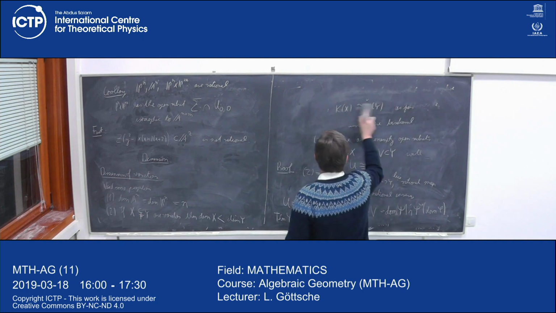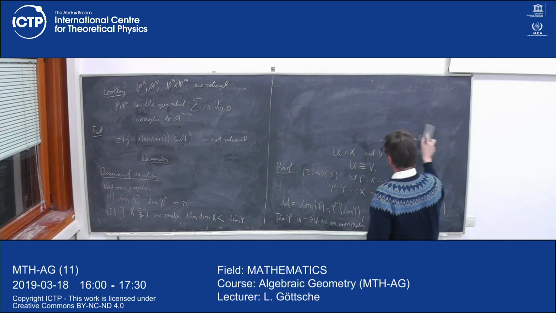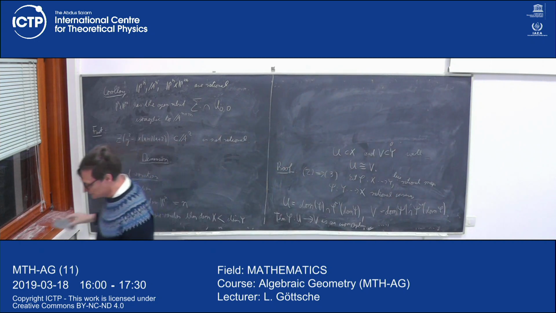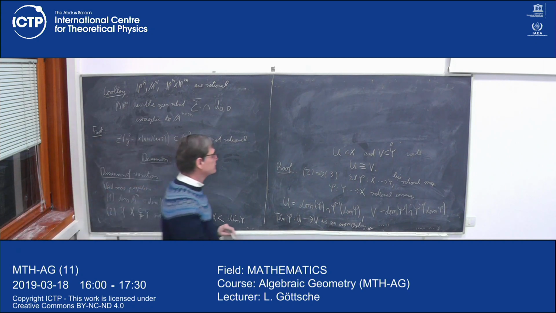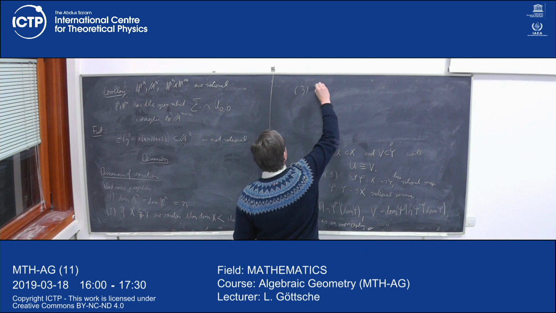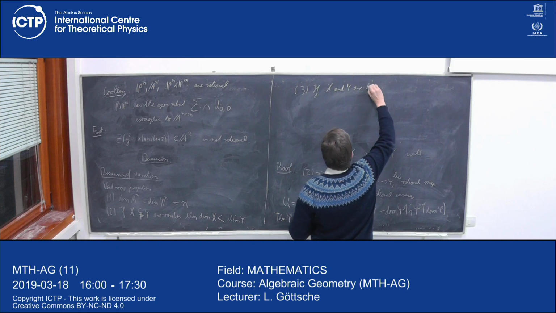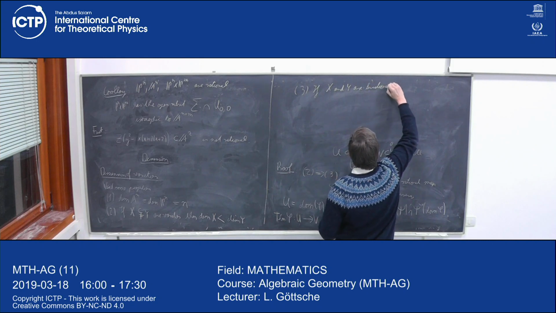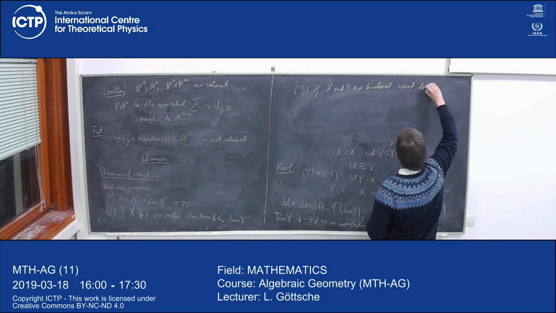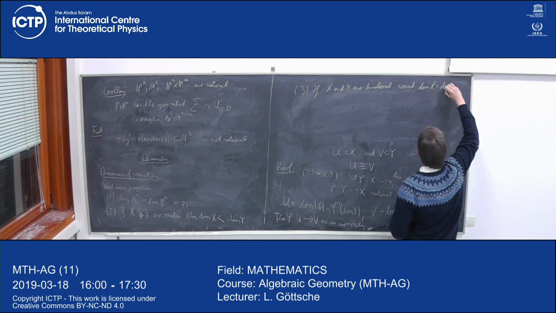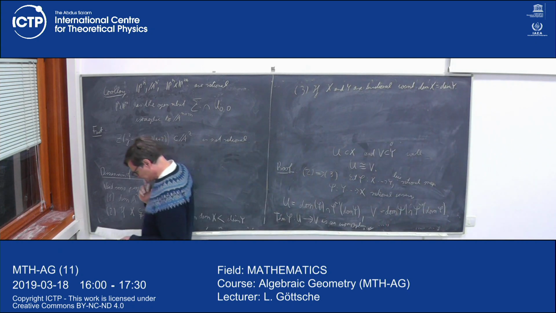Then, somehow the dimension is a very coarse property, so it talks about how big this thing is. So if we take an open subset, it should have the same dimension. So that means if X and Y are rational, then we want that the dimension of X is equal to the dimension of Y. What else?